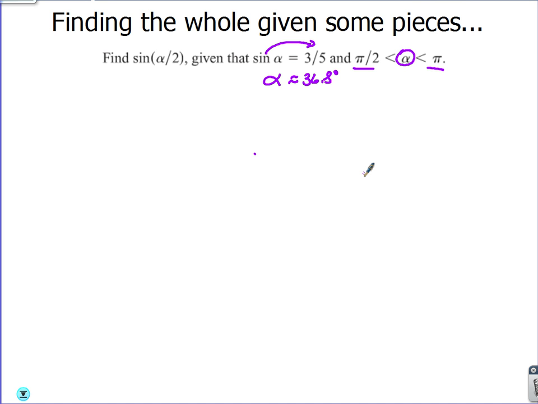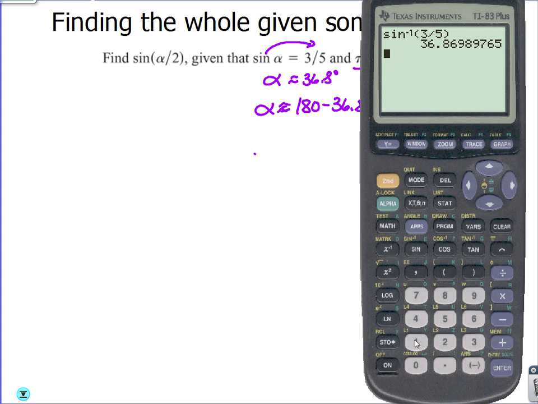I know that sine in the second quadrant is also positive, so that's actually just my reference angle. So alpha will actually be 180 minus that, which is 180 minus the answer, 143.1 degrees.